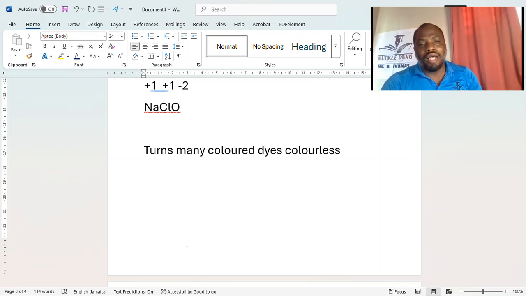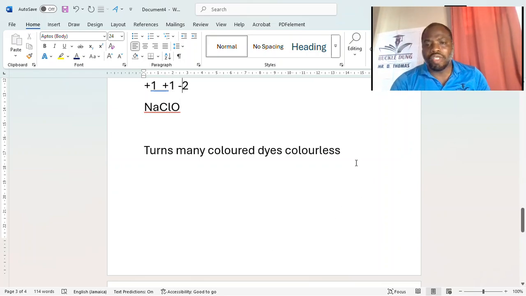And when it oxidizes the dye, it causes the dye to become colorless. So usually, when you spill some ink on your clothing, you tend to allow it to soak in the bleach, and the bleach will oxidize the dye, causing it to become colorless.